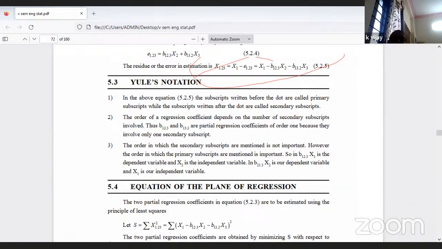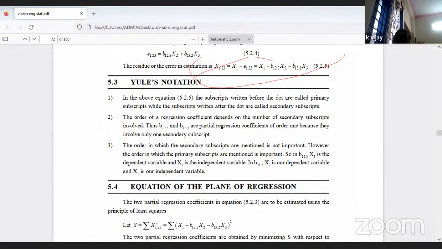The order of a regression coefficient depends on the number of secondary subscripts involved. Thus, as I already told you, b12.3 and b13.2 are partial regression coefficients. The order in which the secondary subscripts are mentioned is not important, but the order in which the primary subscripts are mentioned is important.